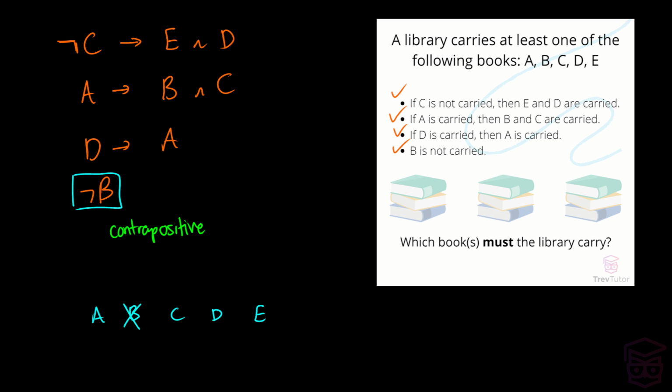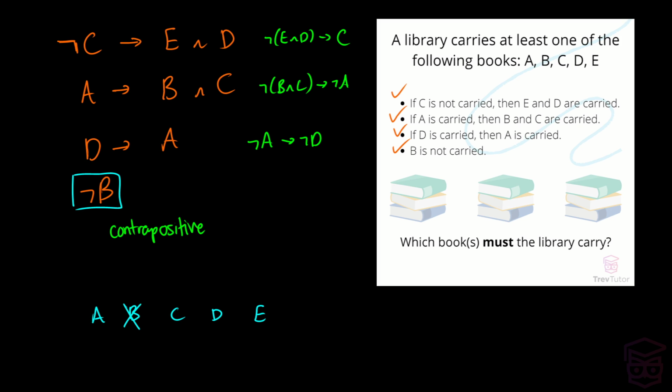For instance, D arrow A is the same thing as not A arrow not D. The second rule says if we don't have B and C, then we don't have A. And the first says if we don't have both E and D, then we get not C, which is the same thing as saying it carries C.